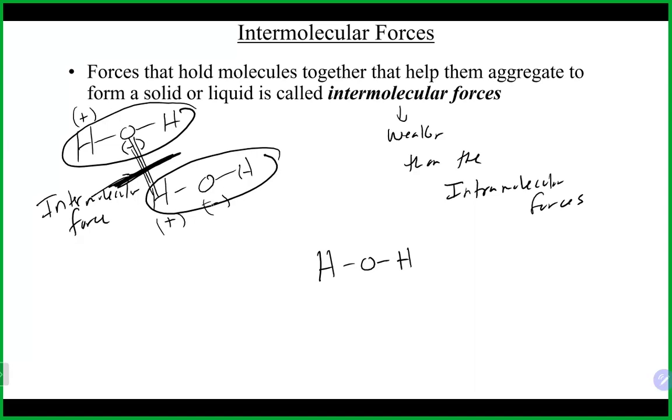And that allows this guy to go off into the gas phase and separate out from each other. If it was the opposite way and the intramolecular force was weaker than the intermolecular force, when you would heat something like water, these individual bonds in every water would break apart and you would produce a lot of hydrogen and oxygen gas really quickly and probably explode.